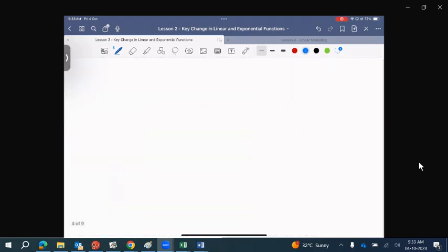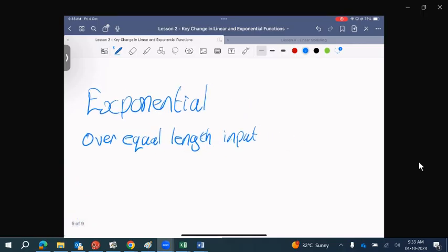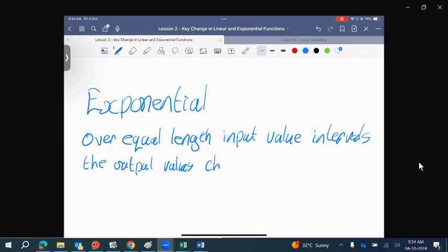Okay, let's see if you can remember that for 30 seconds. Let's try again. Proportion 8.